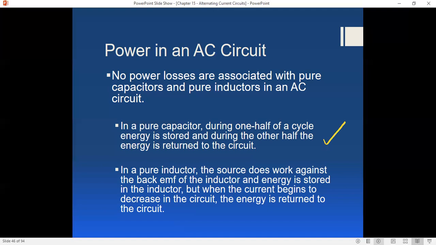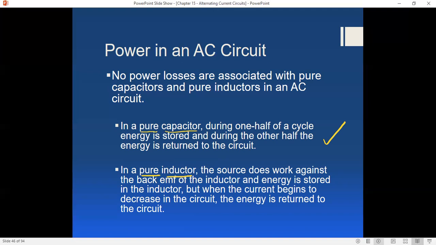Again, when I say pure, I'm talking about no resistive losses, because the resistive losses are just P equals I squared R. I've got to be careful there because some of the power can be doing other things too, as we'll see.